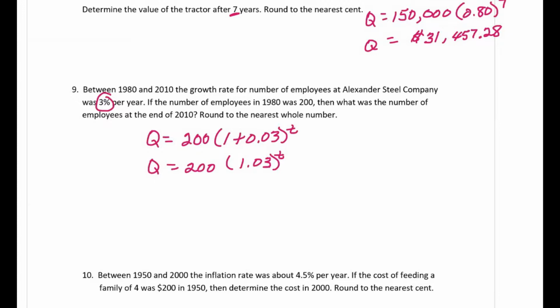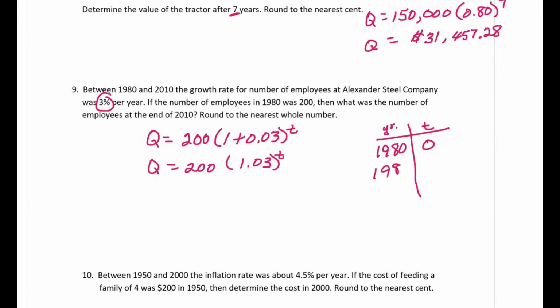And just as a point here, MyMathLab may not ask you to write the equation, they just may want the final answer. And in this case, I need to figure out what t is. So I want to look at this problem slightly different than we've done before. If I am starting here with the year, and I want to know what t is, my initial starting time is 1980, so that's t0.